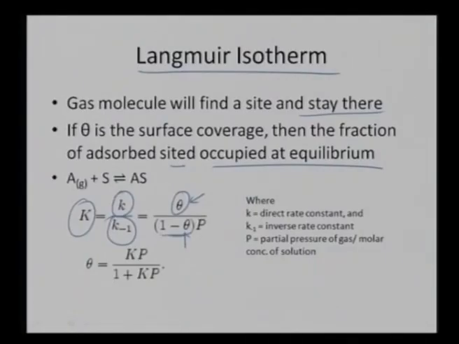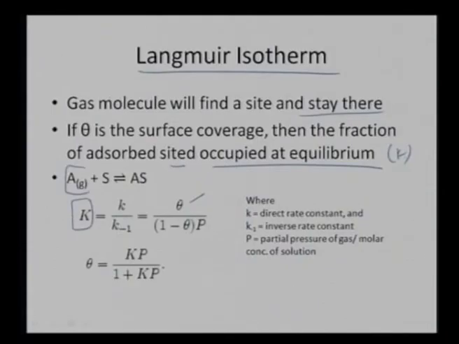This is the overall free space which is available to the particular species, and this is the partial pressure of the gas or the molar concentration of a solution. So from this we can see what is the overall fraction of the adsorption sites which is now occupied at a particular equilibrium. That is given by K. So this K can be defined as the equilibrium fraction of the sites which are now occupied.